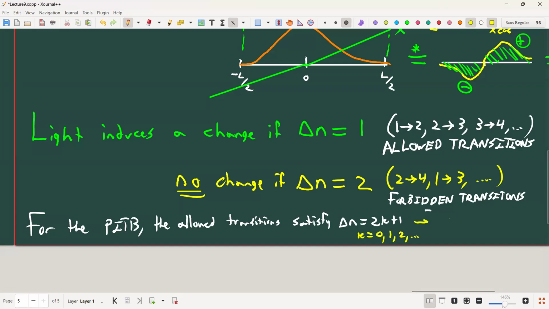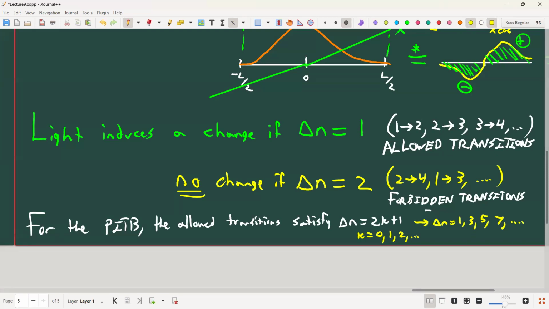So the allowed transitions are delta n equals 1, 3, 5, 7, and so on and so forth. Right? So we'll see absorptions at energies where we connect two levels that are different by 1 quantum, or 3 quanta, or 5 quanta, or 7 quanta.